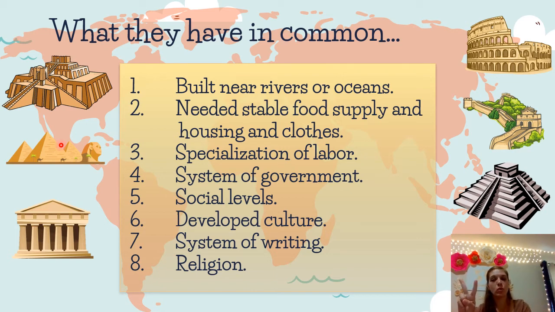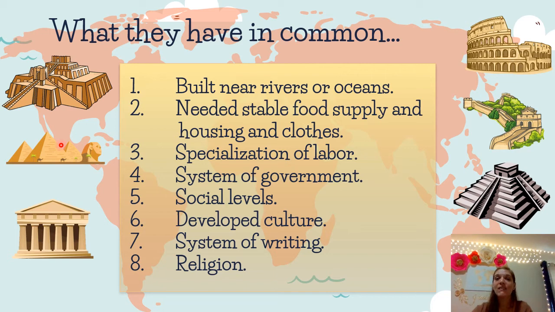Look at number two. The other thing they had in common was that they needed food and clothing, ropa, right, and houses. The basic needs of food, shelter, which is refugio, protección, and clothing, ropa, were super necesario, you guys, super important and necessary for a sociedad, a civilization to work.